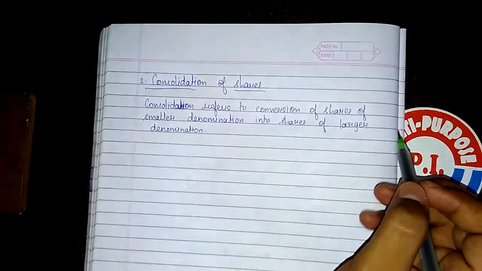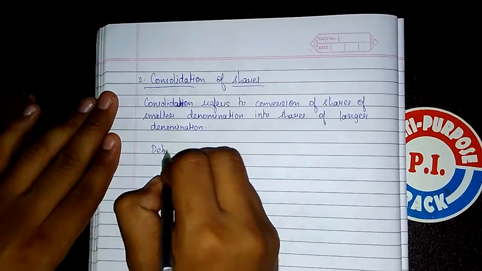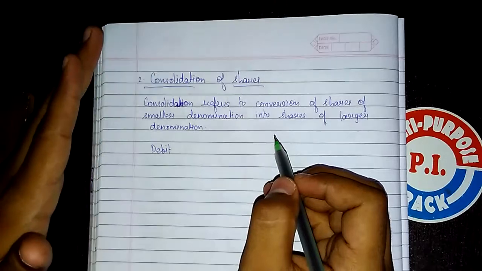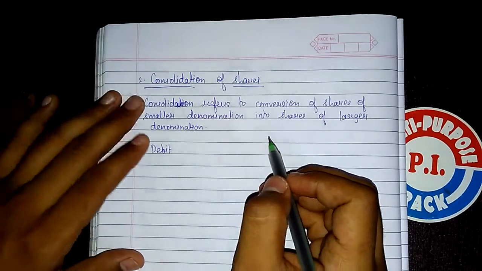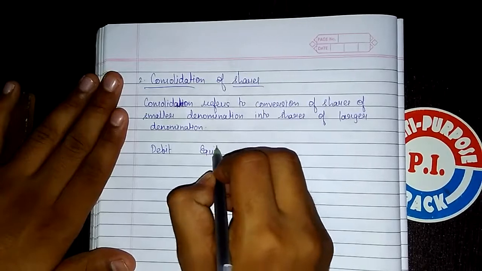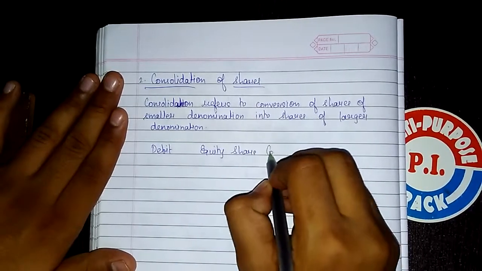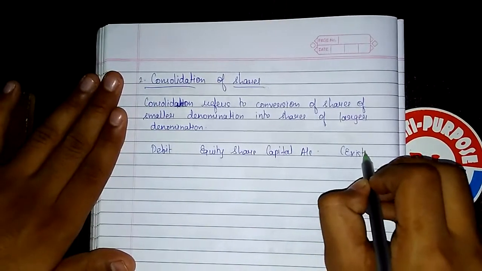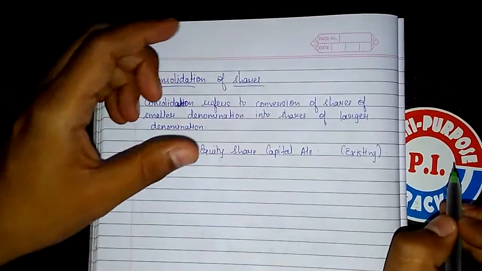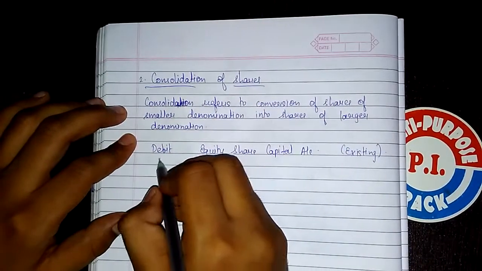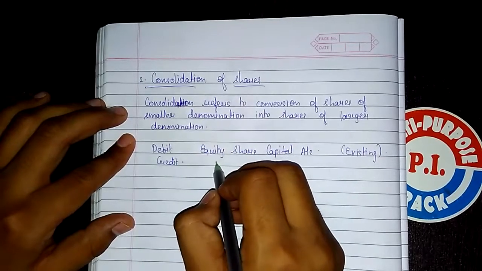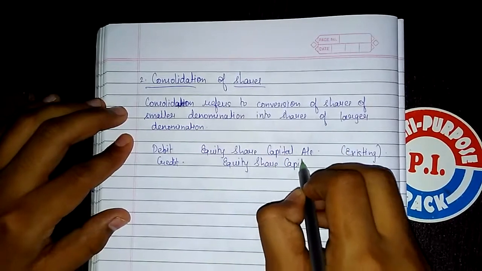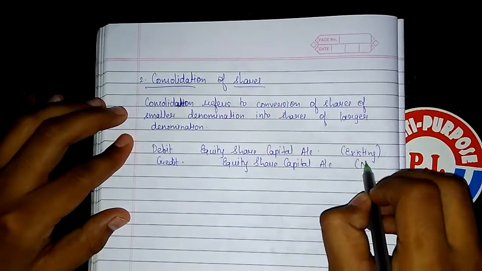So I am not going deep into law. Entry is: please write in this manner only, or else if you want you can write in a normal general manner also, but this is a little bit simple for you all. Debit equity share capital account, the existing shares, the existing number of shares. Okay, credit equity share capital account, the new ones. I'll give an example, don't worry.